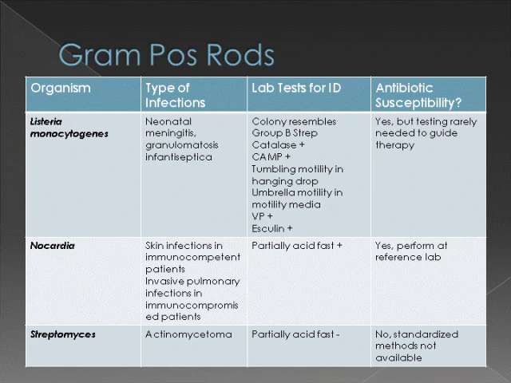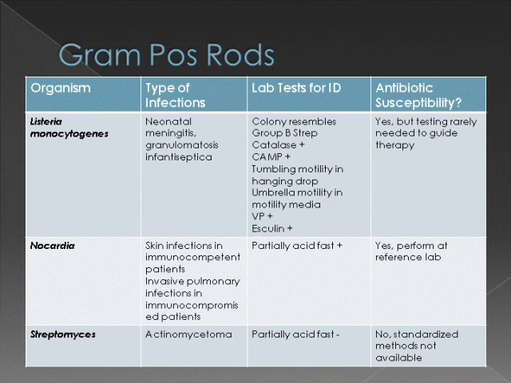Next, we have Listeria monocytogenes. This is a causative agent of neonatal meningitis and granulomatosis infantiseptica, which means that if a mother has been infected with Listeria, babies or the fetus may be born stillborn because it is such a serious organism for these patients. The colony resembles group B strep in that it's a beta hemolytic colony, kind of a clear grayish color.